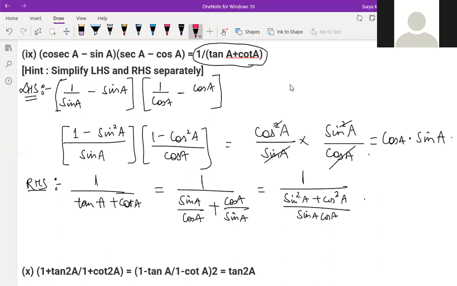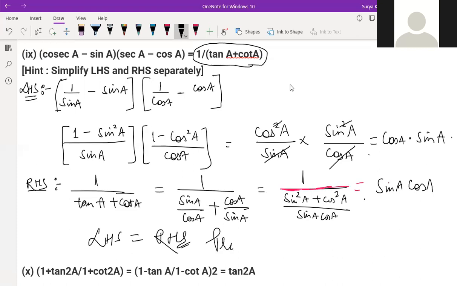Main division is over here. So we have to convert. So what do you get from here? Sine A and cos A only. Because this value is 1. So if you do reciprocal of the denominator, you get sine A cos A. So we can write over here ultimately LHS is equals to RHS.